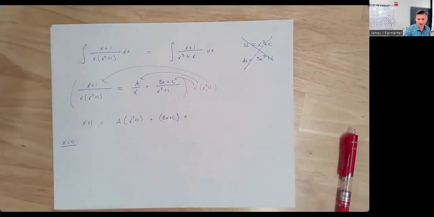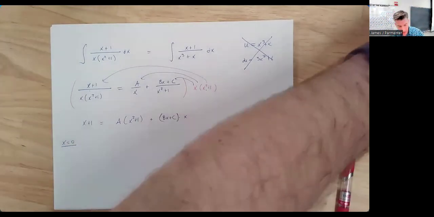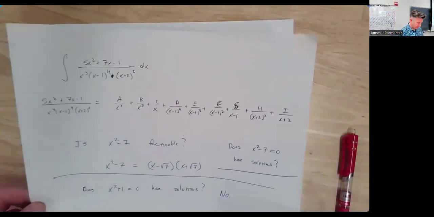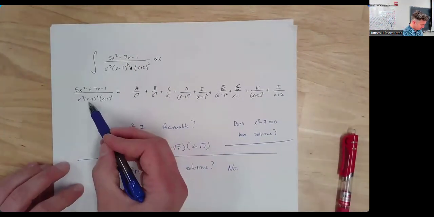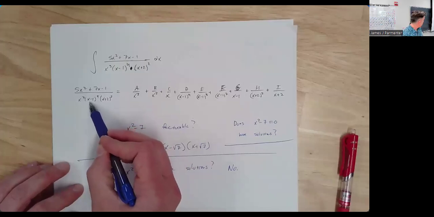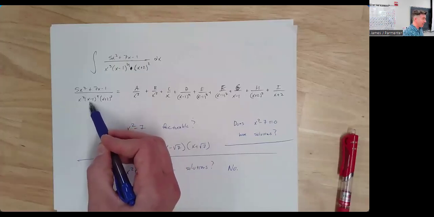Why wouldn't we do A over x squared plus B over, I don't have an x squared. I have an x squared plus 1, which is a different thing. So in the previous problem, I'm going to go back here for a second. If you have a linear factor, x minus 1 is linear, right? It's like a line, y equals x minus 1.